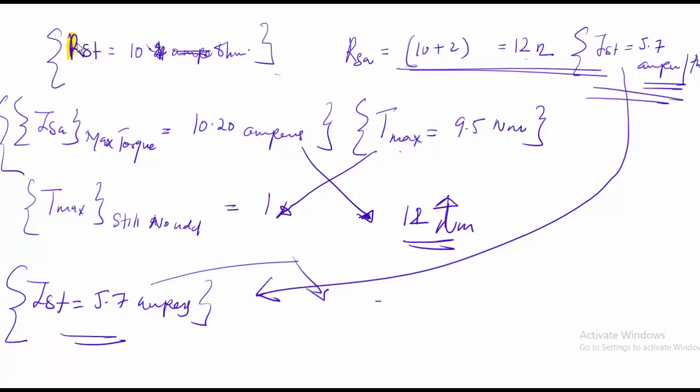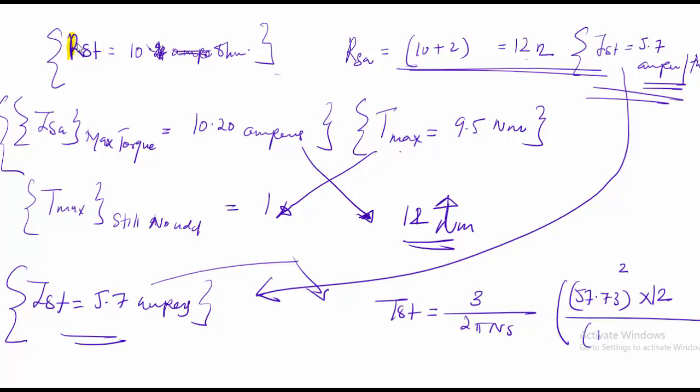Just to check, your starting torque will be equal to 3 divided by 2 pi ns into ER, which is 57.73 whole square into 12, divided by 12 whole square plus 4 square, and into 0.0286.